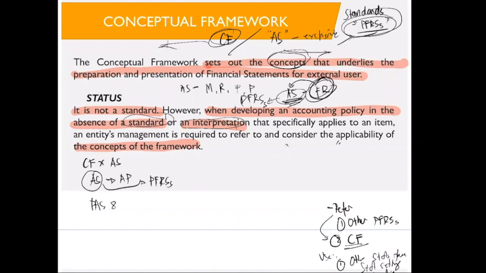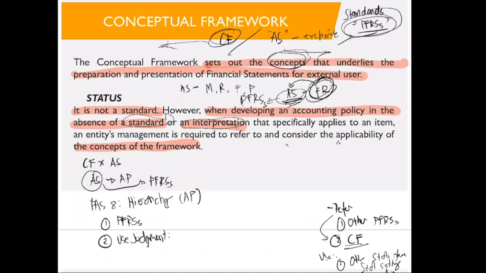Now, what is the use of your conceptual framework? Under PAS 8, it provides you the hierarchy in the application of an accounting policy. So what is the hierarchy? First, we apply the specific accounting standard or PFRSs if there is one. If there is no PFRS, we use our judgment.